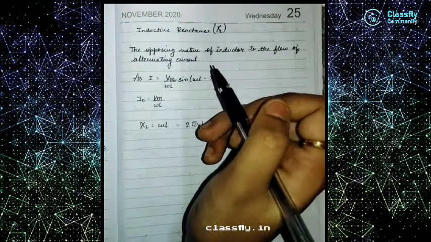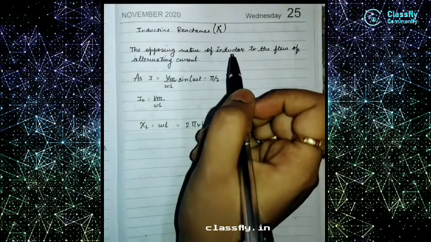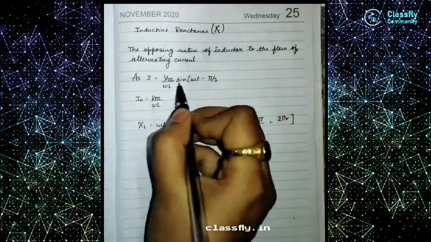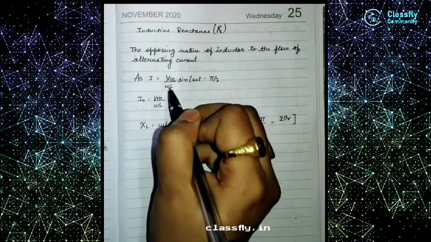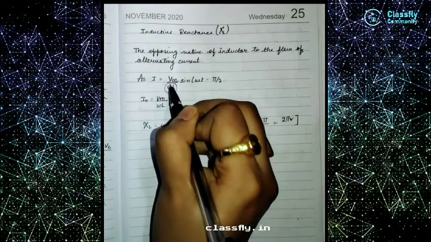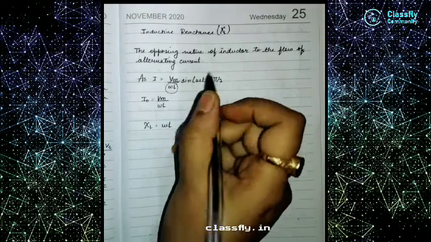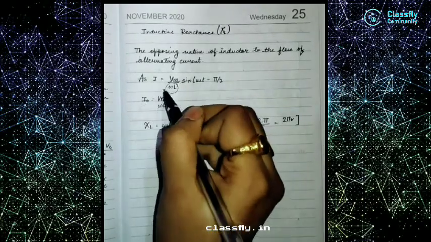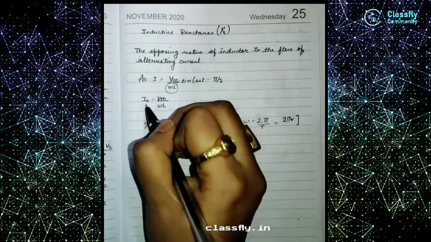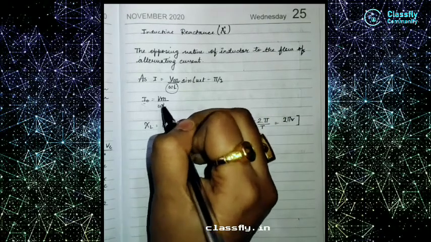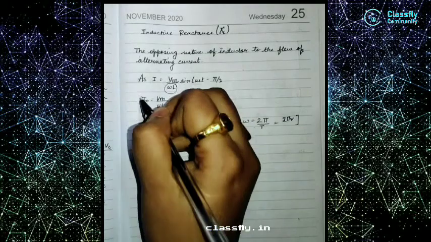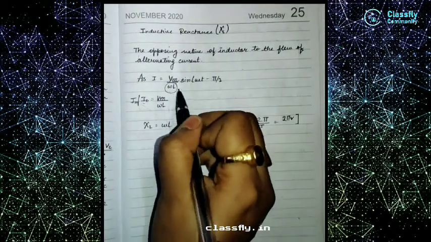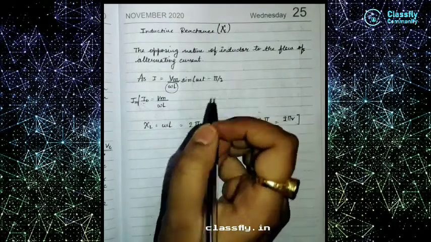That means in the equation we got I equal to Vm by omega L, and this omega L is the opposing nature of the inductor, and Vm by omega L is denoted as the maximum current. So it is denoted as I naught equal to Vm by omega L, or it can be Im equal to Vm by omega L.